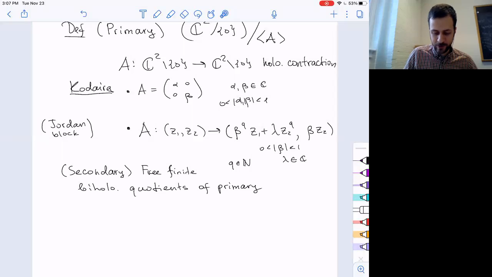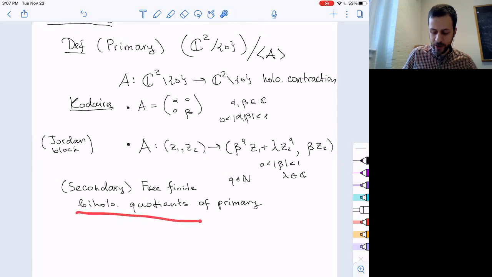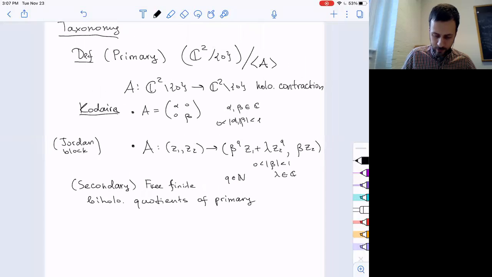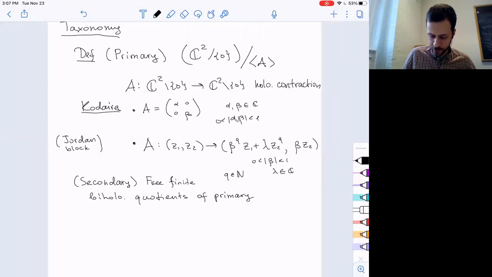This is sort of an abstract definition, but these are actually understood. Kato described all the specific groups which appear here for these surfaces. So these are Hopf surfaces.